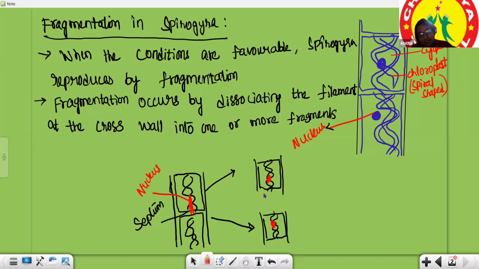Clear with the process, students? So fragmentation occurs at the cross wall into one or more fragments.